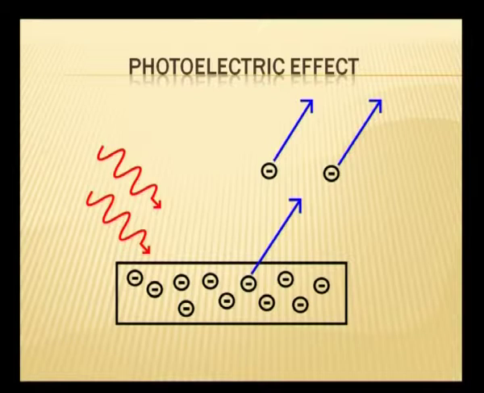Therefore, the photoelectric effect is an important phenomenon in the development of atomic physics for a simple reason. This effect shows that the famous Maxwell's wave theory of light is incompetent. Maxwell's electromagnetic theory of light fails. The wave theory of light cannot be used to explain this phenomenon.